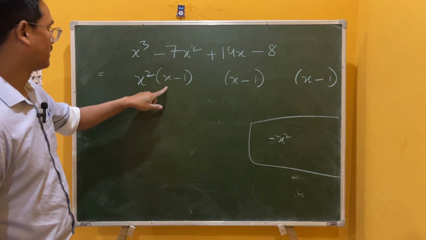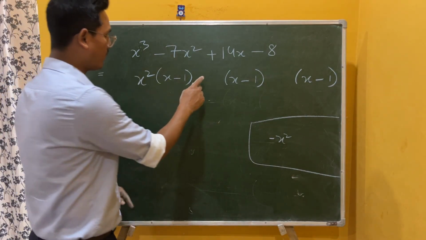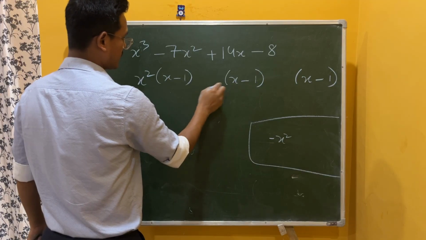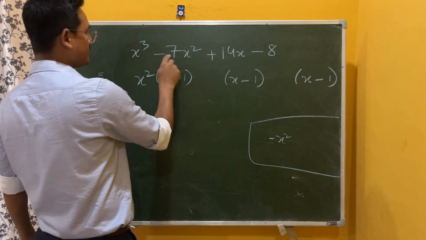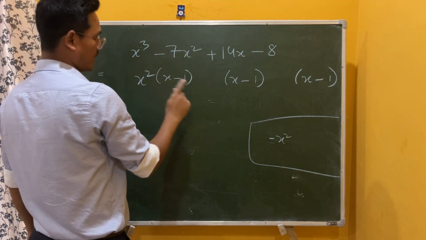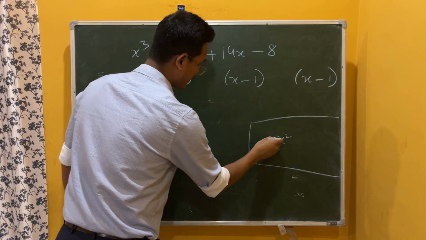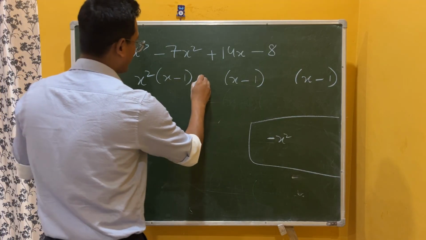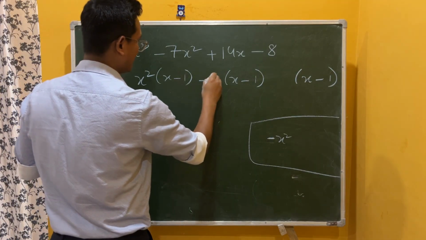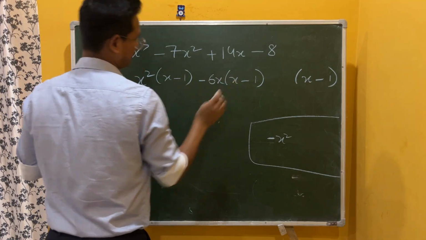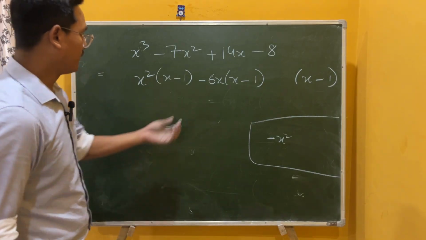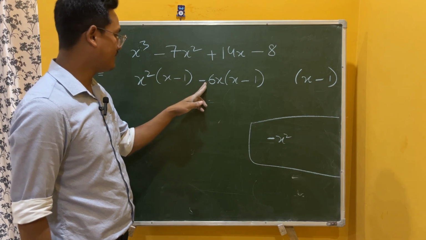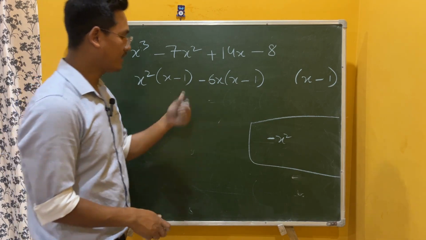Minus x square. So now what you should multiply to this x so that the answer is minus 7x square. You already have 1 minus x square. So if you multiply minus 6x, if you put here minus 6x, then it's going to be minus 6x into x is minus 6x square.